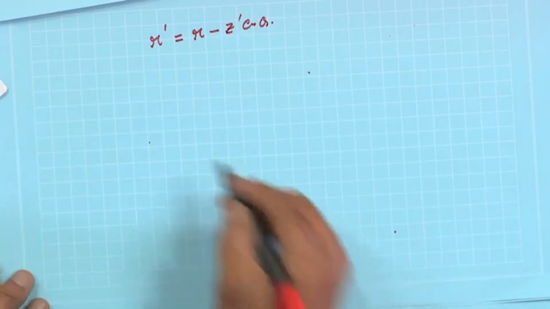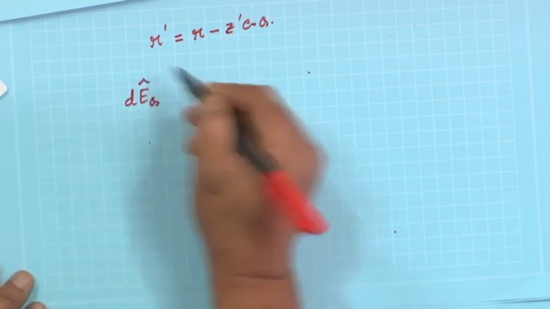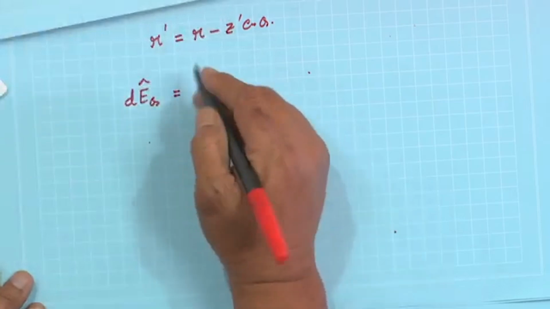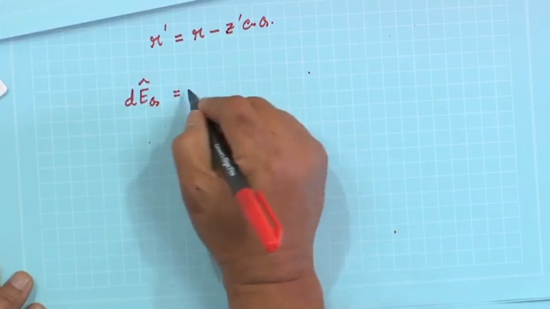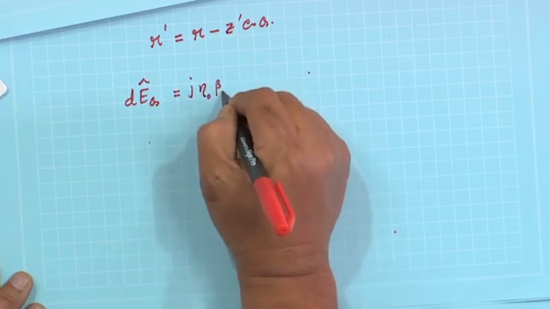So, if we substitute in this d, the field due to the elemental current element, then it will be j eta naught beta naught.